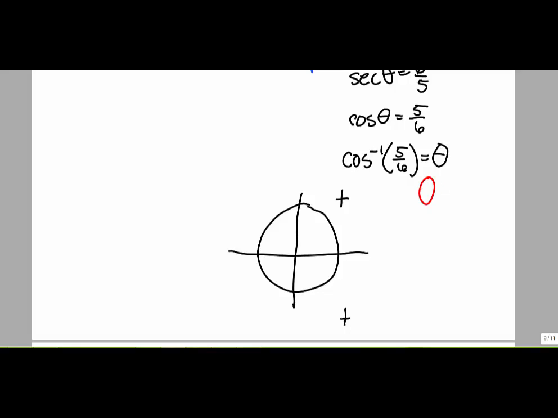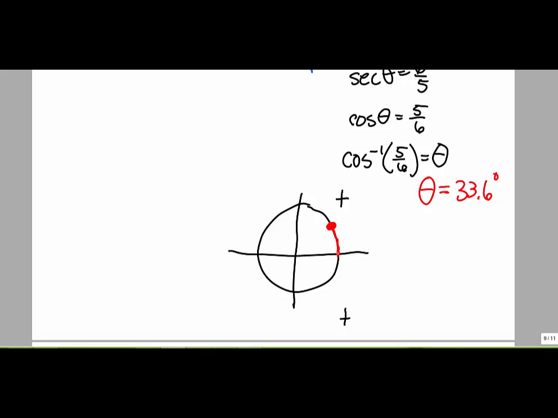So when we put this into our calculator, we're looking for angles in degrees. Let's round to the nearest tenth here. When I put this into my calculator, I get 33.6 degrees. So this will be the reference angle that we end up using.